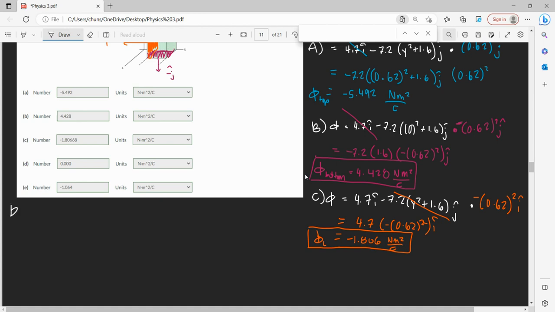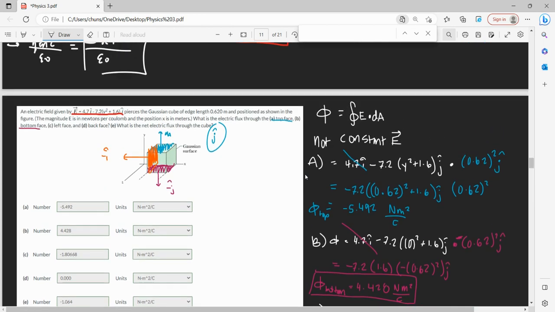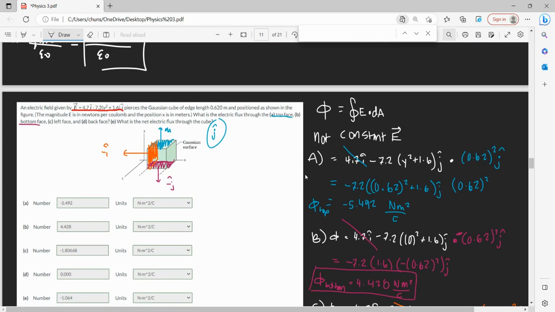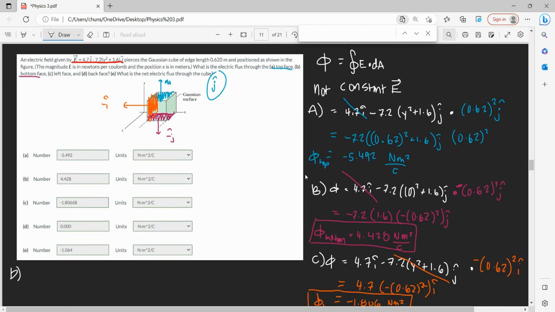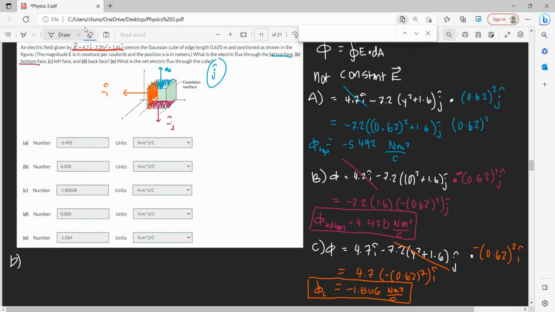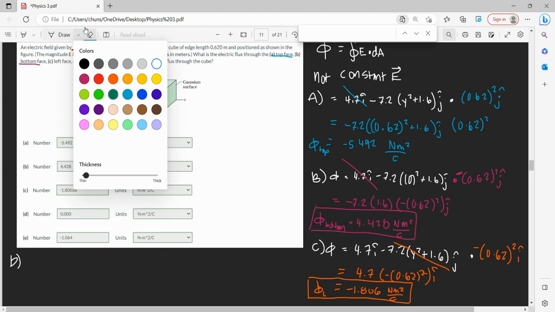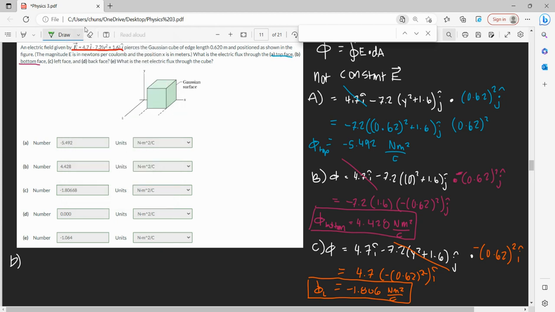Then for D, we are asked to find the flux through the back face. If we went through the back face, you can see that in our answer it's already 0, so we can just explain this really quick even without needing any of that.